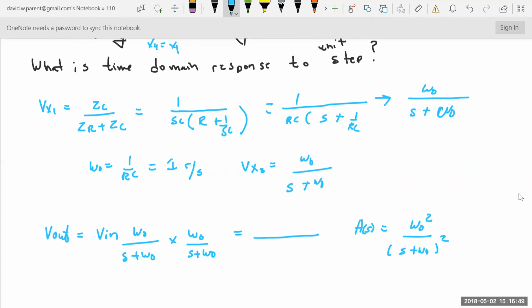So it's low pass, yep. What order system is it? Second. So second order systems can be in control. Well, actually, any system, right? Even an integrator is unstable. So is it stable or unstable?